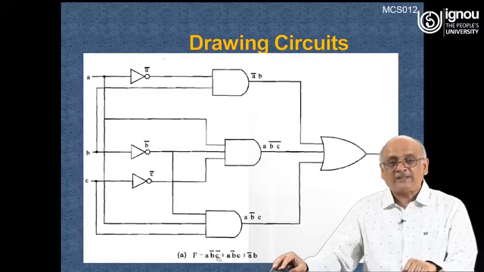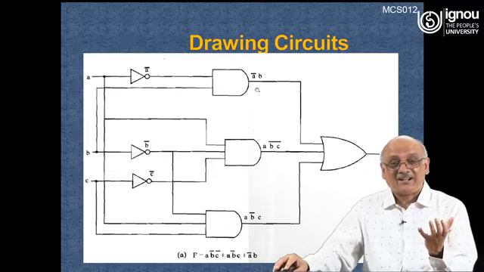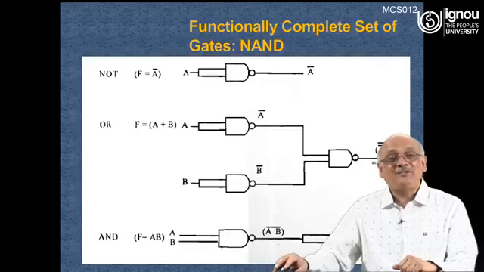And then plus means we need to pass them through an OR gate. Dots mean we need to pass them through AND gates. Bar means we need to simply invert them. That's it. This is as simple as this, drawing circuits using AND, OR and NOT gates. Nothing very complex. You can easily do it and enjoy it.